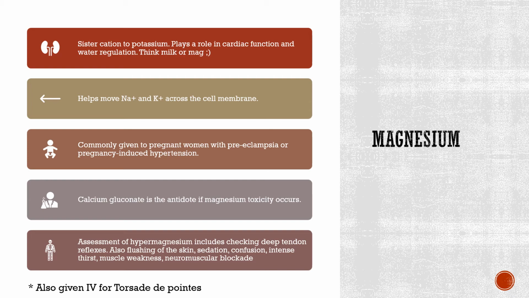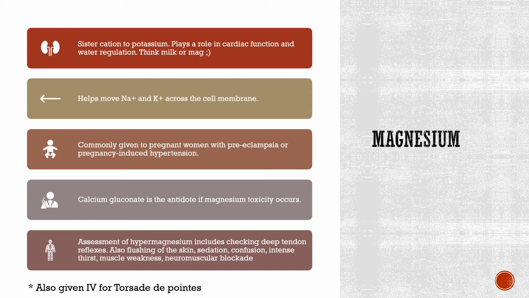I'm not going to say that it's common to have magnesium toxicity, but just know that that risk is there, especially when you're administering the IV form. Oral supplementation, not so much. It could be hard on the kidneys and could lead to toxicity if you've got some degrees of renal failure, because it just doesn't clear. But other than that, you want to keep calcium gluconate close if you're giving IV form. And the reason that's so important is because it is a muscle relaxant.